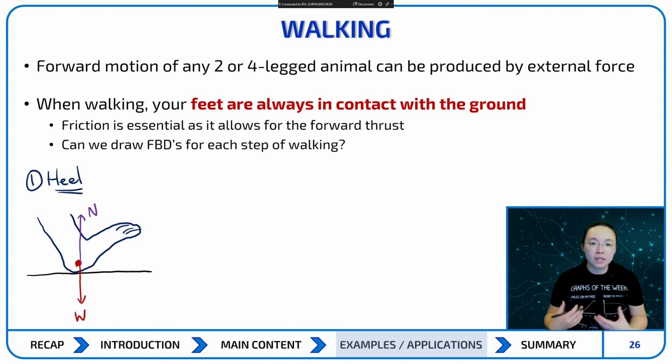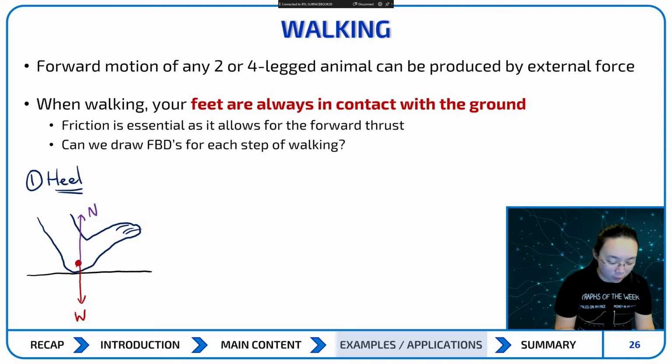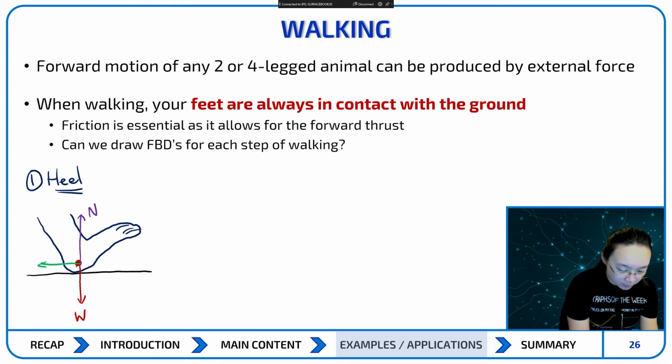So the direction of intended motion is forward, which means that friction, being a retarding force, would act in the opposite direction, which is backwards. So this means that I have friction going this way. And call this F.